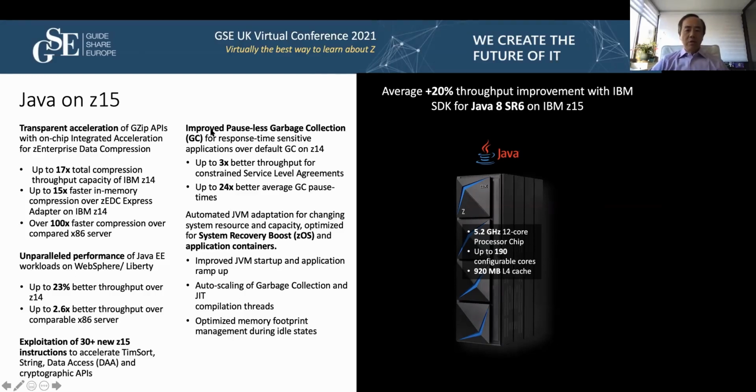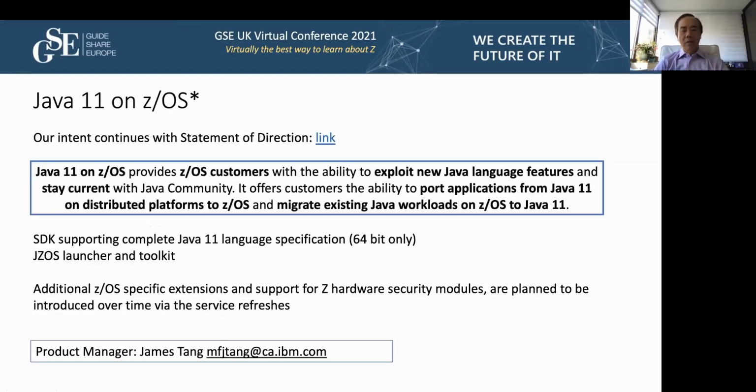So this Java implementation on Z15 is still based on Java 8. A lot of customers are asking us, when are we doing Java 11? We're actually working on Java 11 now. We're close to announcing the Java 11 support for zOS, and we're looking into two phases of delivery.